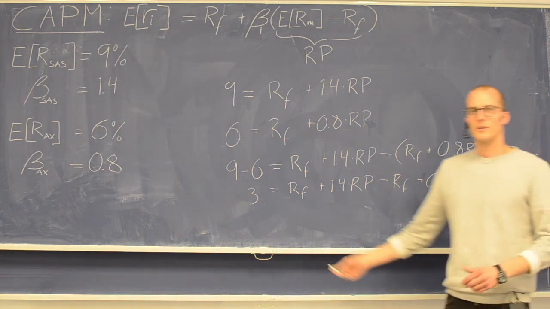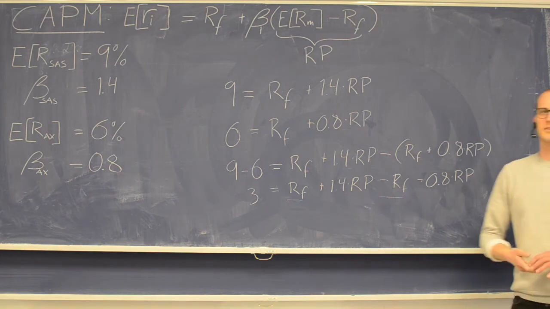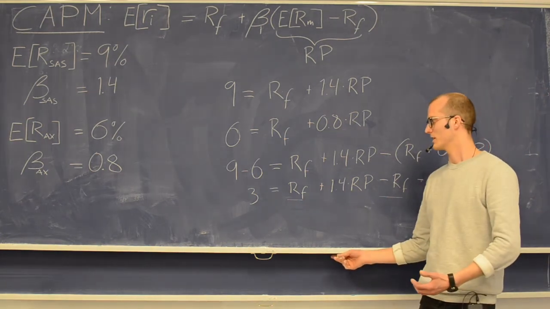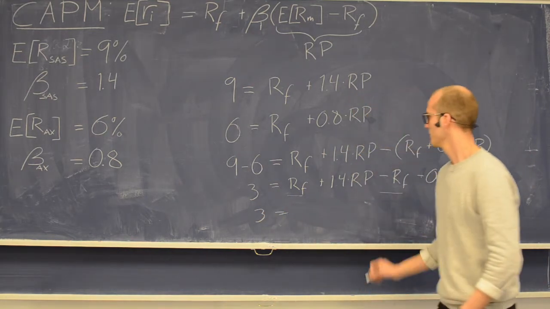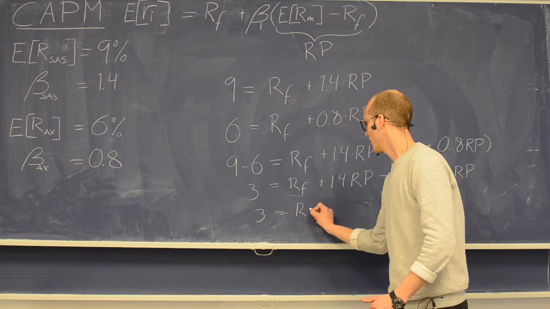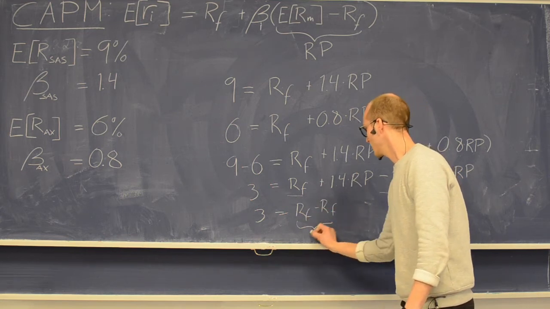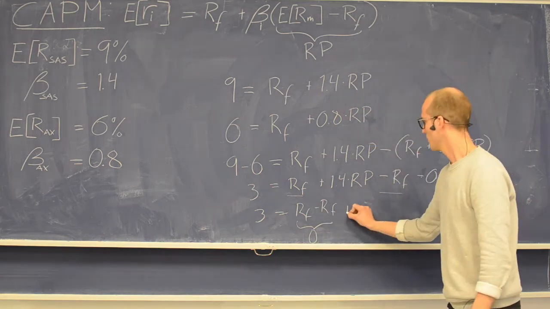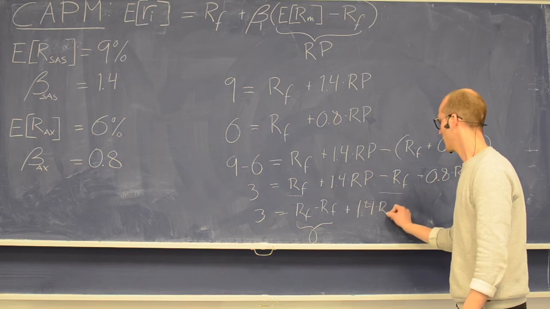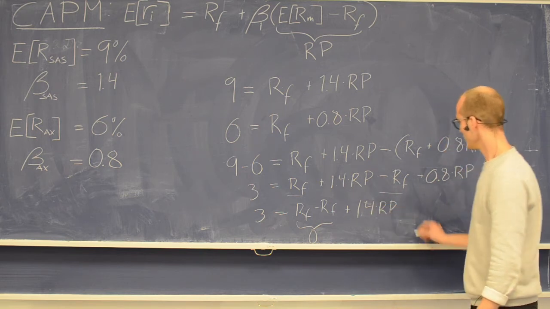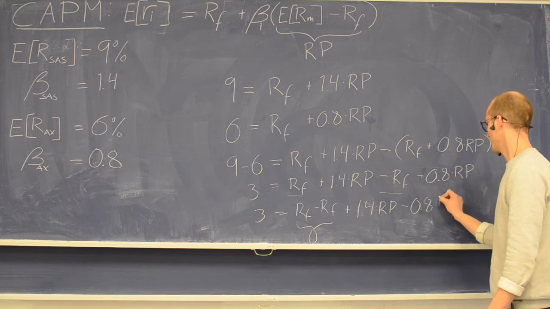We see that we have the risk-free rate of return here and here, and the risk-free rate of return minus itself will become 0. So we have that 3 is equal to RF minus RF, which is 0, plus 1.4 times RP minus 0.8 times RP.